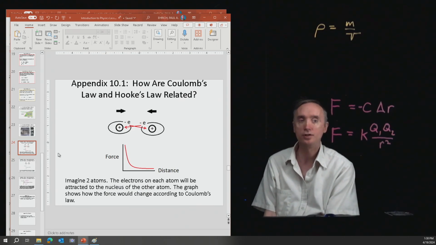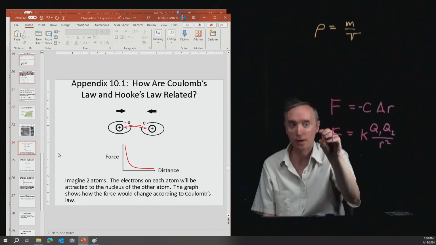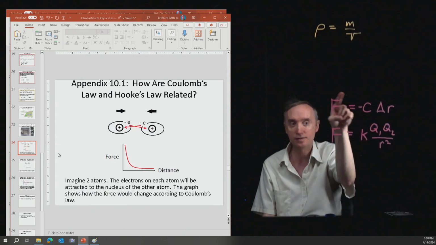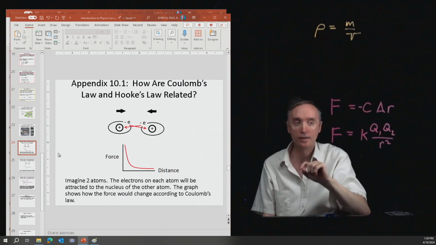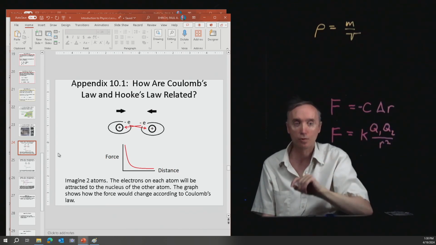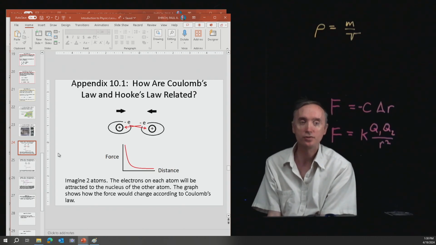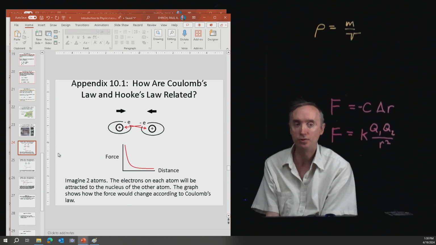So imagine that you've got two atoms. I've got one atom that has a positive nucleus and a single electron that's in orbit around it, and over here is another atom that has a positive nucleus and a negative electron that's in orbit around it. The electrons on each atom will be attracted to the nucleus of the other atom.